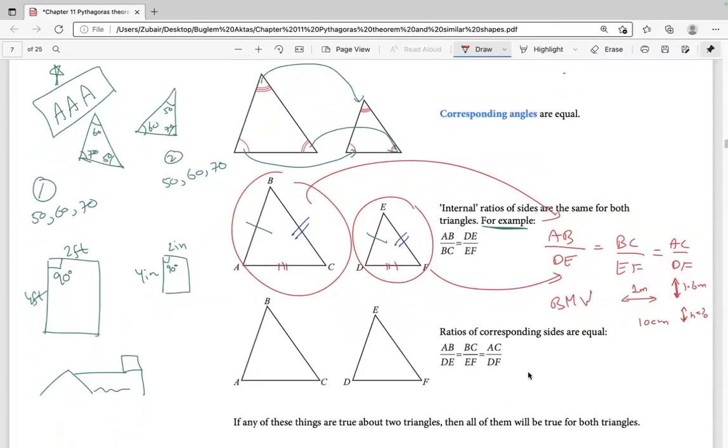It would be 16. So that was 100 by 10 is equal to 160 by x, and that is 16 centimeters. So this is similarity.